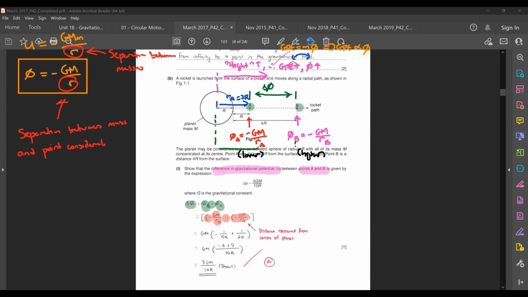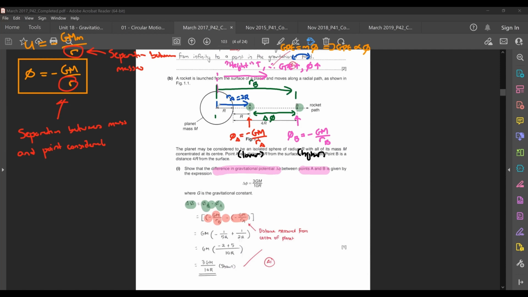This one is your RB. Sorry, maybe I should just draw it somewhere here. Now maybe this one I just shift it down. I'm interested in the difference in potential between 2 points. This is the change in phi. My RB is from here to here.